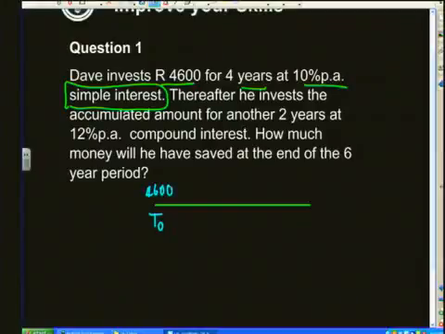Okay. And this is invested for 4 years at 10%. So this is going to go all the way. So we've got year 1, year 2, all the way to year 4. Okay. And during that period, his interest rate is 10% per annum, simple interest.